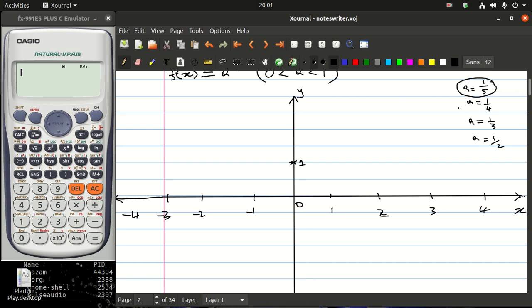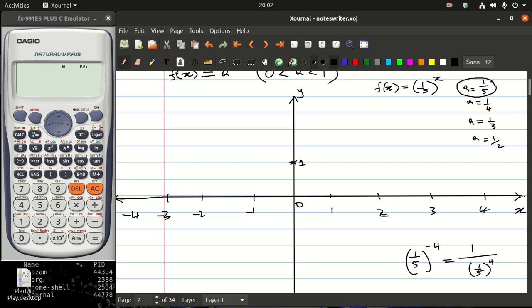So let's say I have f of x equal to 1 over 5 to the power x. If I am plugging in here minus 4, what will I get? I will get 1 over 5 raised to minus 4, which is the same as 1 divided by 1 over 5 to the power 4.